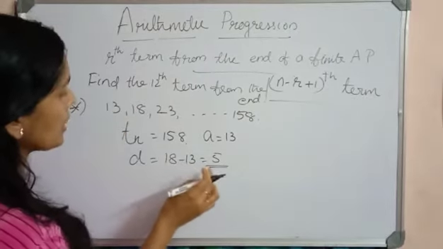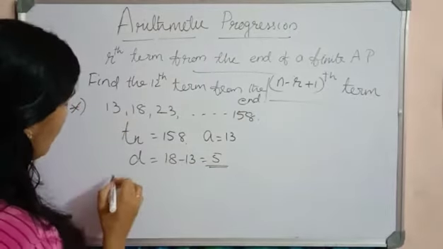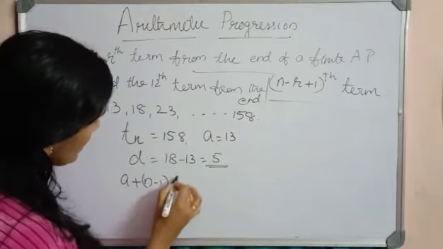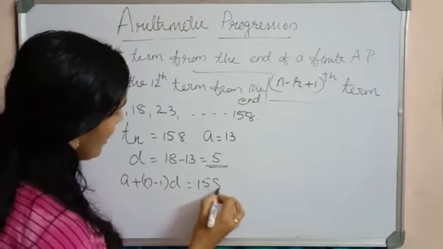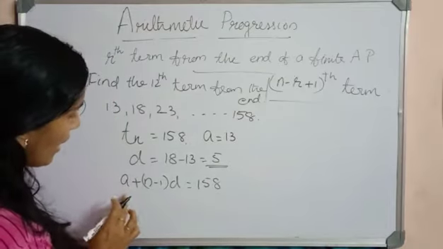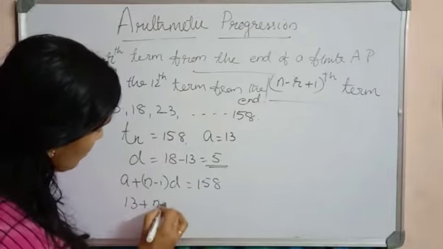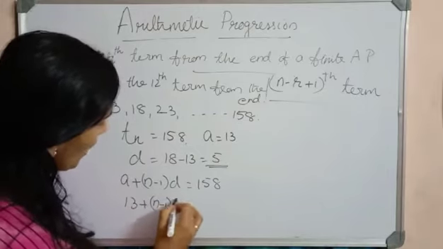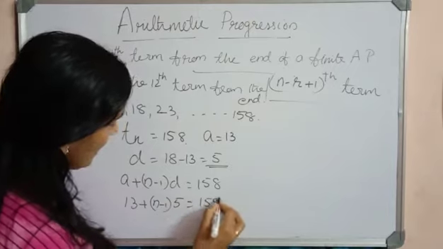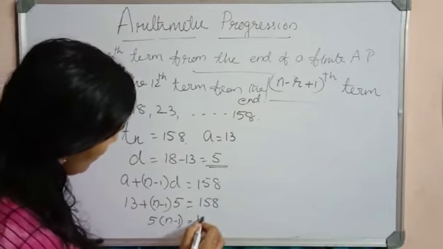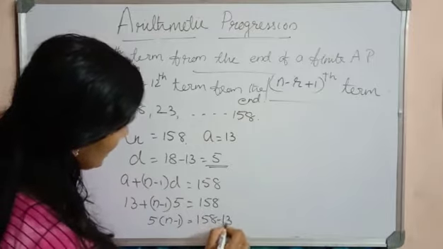Now let's substitute these values in Tn. What is Tn? A plus n minus 1 into D is equal to 158. Substitute the values of A and D: 13 plus n minus 1 into 5 is equal to 158. So 5 into n minus 1 is equal to 158 minus 13.